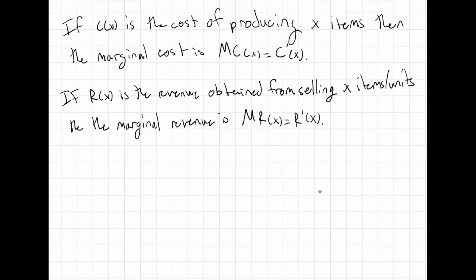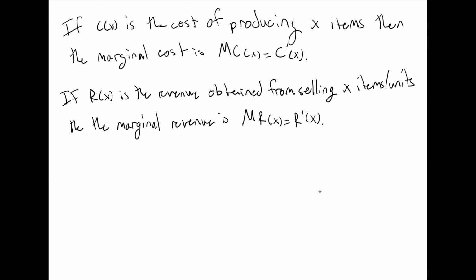Okay. Now, to figure out your profit, right? If C is how much it costs to make the items, and R is how much you made by selling those items, then your profit is simply the amount you made minus how much you spent.